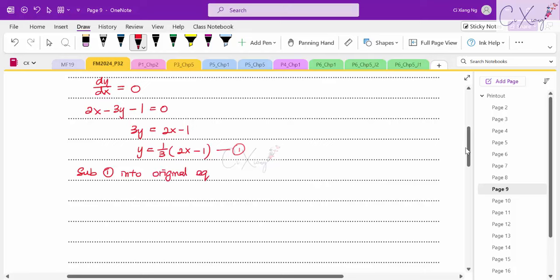Original equation: if I substitute, I'm having 2 times y squared, this is the y, and then I square it, then 3xy plus x equals x squared. By trying a little bit of expansion and simplification, hopefully you will successfully get this particular quadratic equation.